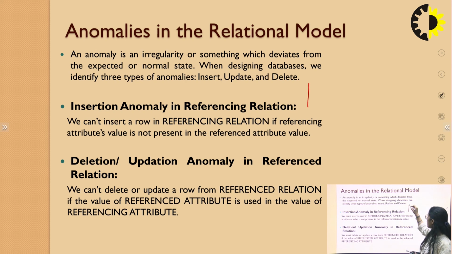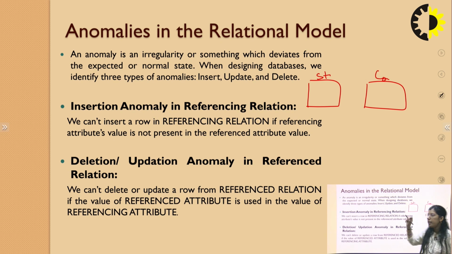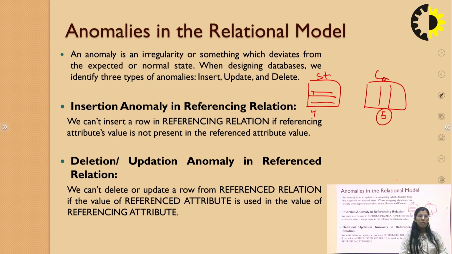Let's say we have two tables, student and course, and there are multiple students, up to roll number 4. While entering data in course, we cannot enter roll number 5 because there is no record present in the student table for this value. So this is the insertion anomaly.